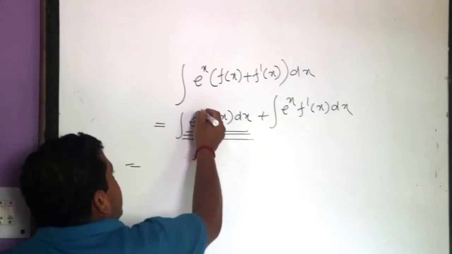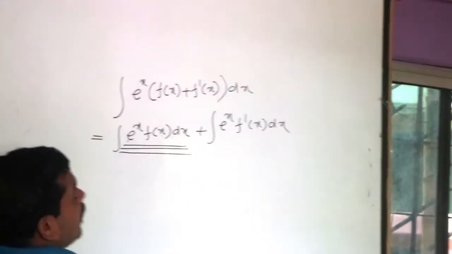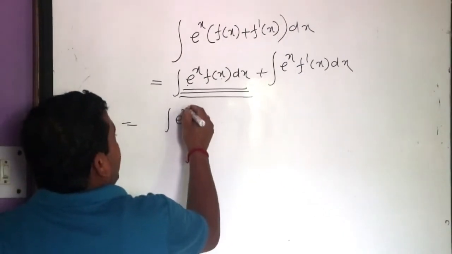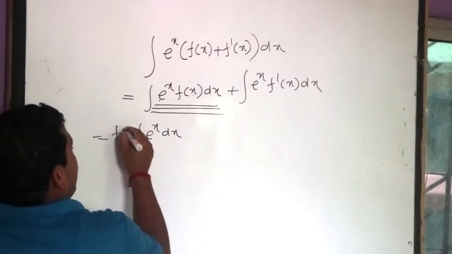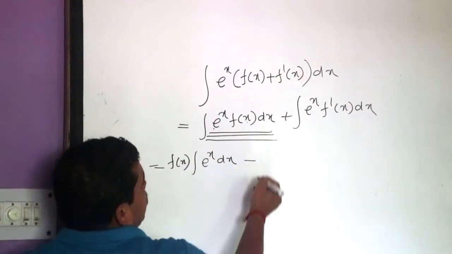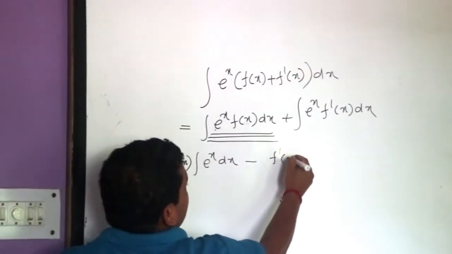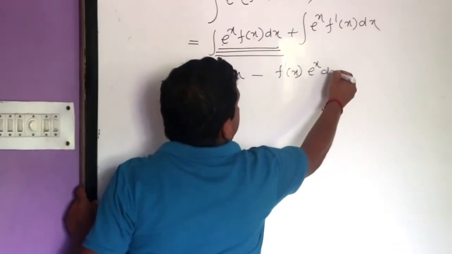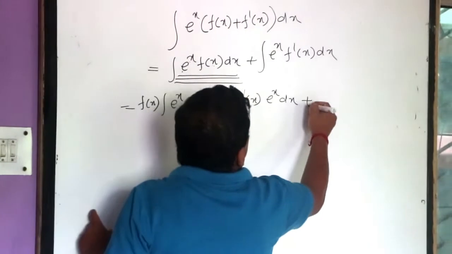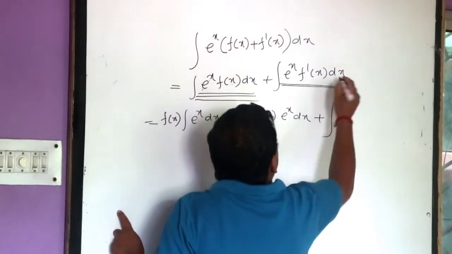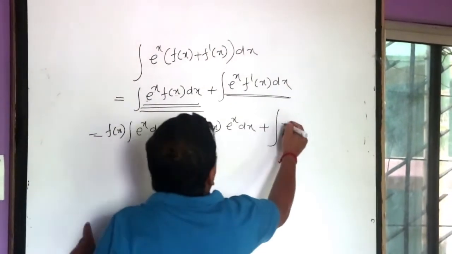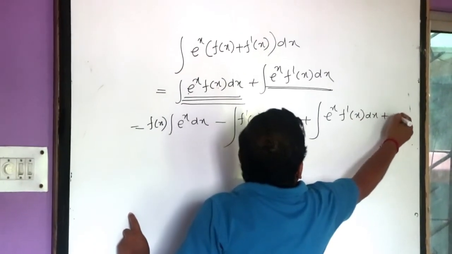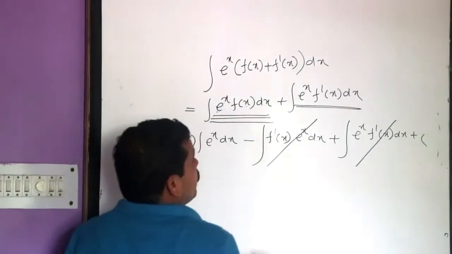Here e to the power x is the exponential function and f of x is the second function. Integrate e to the power x dx, fix fx, minus the derivative of fx, which is f dash x, and the integration of e to the power x is e to the power x dx, plus this integration, taking e to the power x into f dash x dx, plus c. This integration will be cancelled with this.